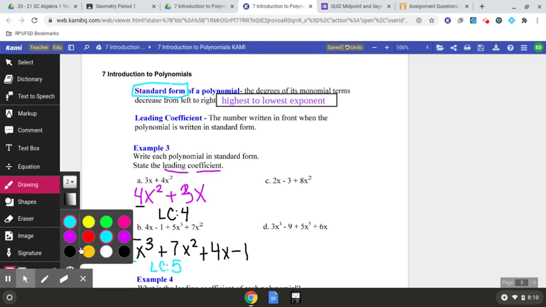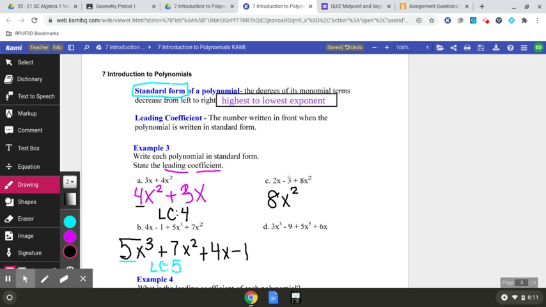Okay, and then if I keep going here, the next one says 2x minus 3 plus 8x squared. So again, I want to put my highest exponent first, which would be that 8x squared. Okay, so it doesn't matter the number in the front. It only matters the exponent. That's how you put something in standard form.